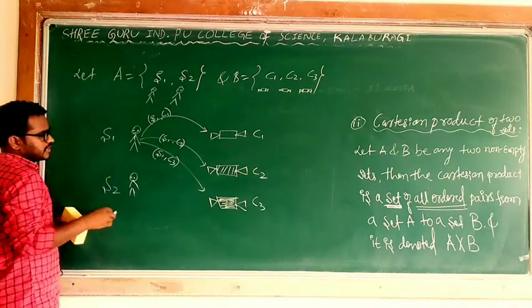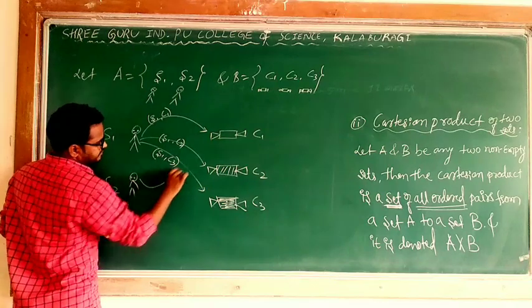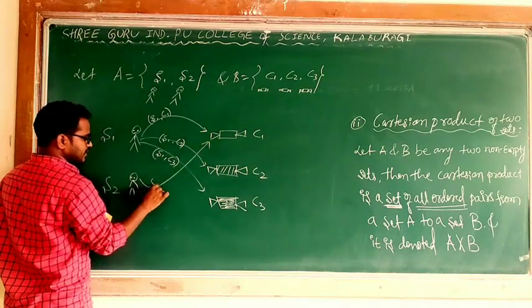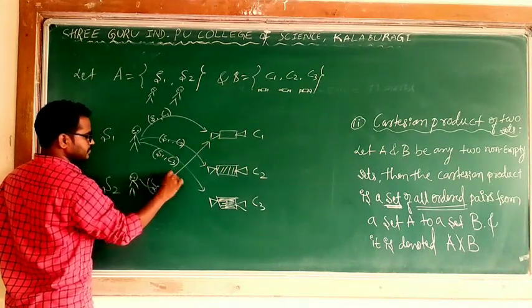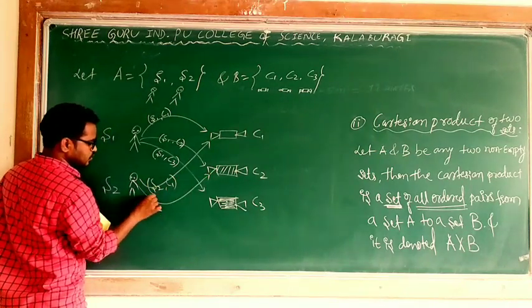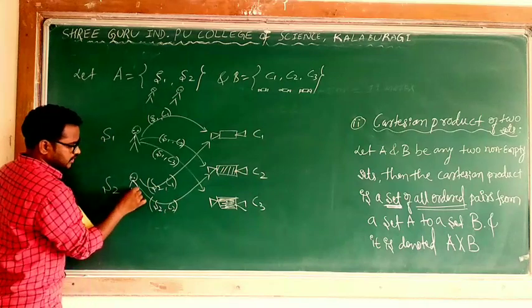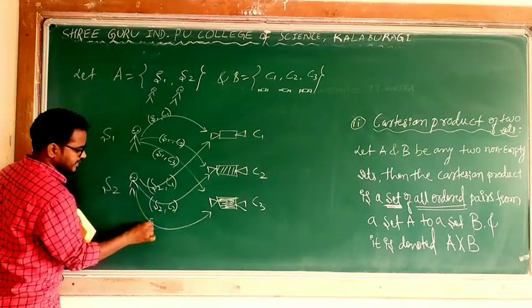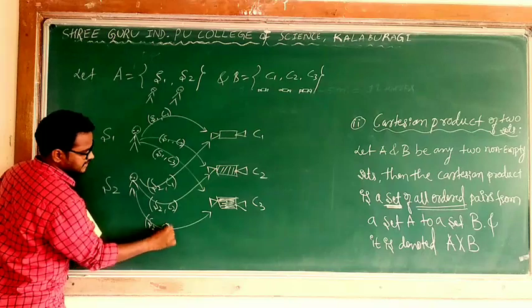In the same way S2 can take the first chocolate, S2 C1. Then S2 can take the second chocolate, S2 C2. S2 can take the third chocolate, S2 C3.